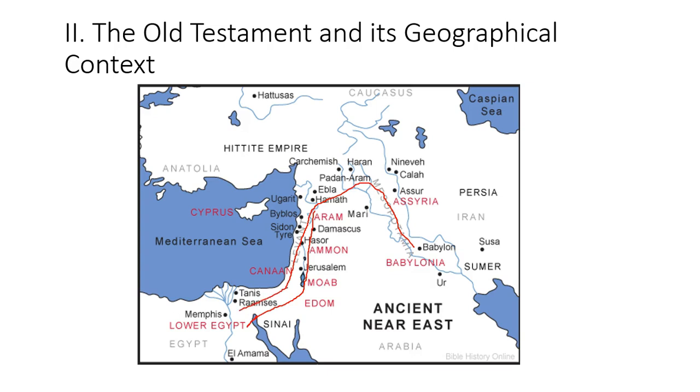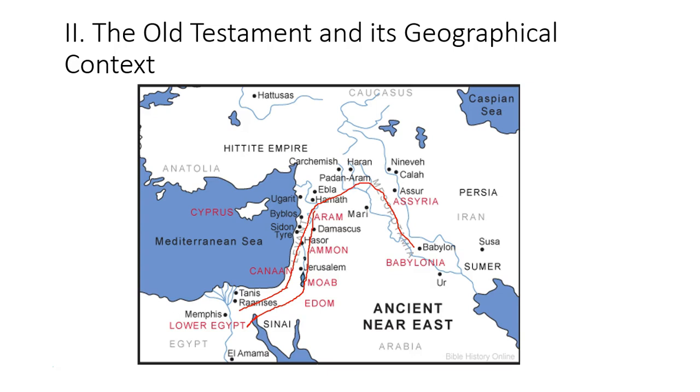So if Babylonia wanted to trade with Egypt, this is the route that their merchants would have to follow. The same way, if the Egyptians wanted to take something to Babylonia or Assyria and wanted to trade with them, that's the same route that they would have to travel.